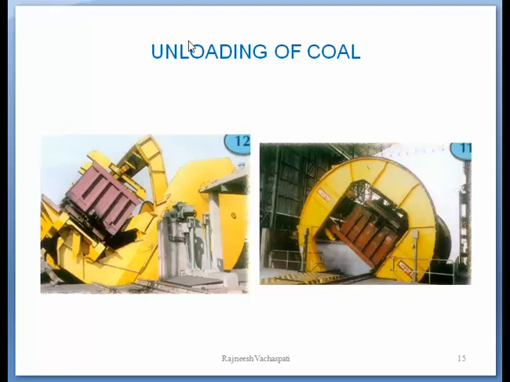In general, one rake consists of 60 wagons and each wagon weighs 60 tons of coal. It is not feasible to unload the coal manually as it will consume much time.